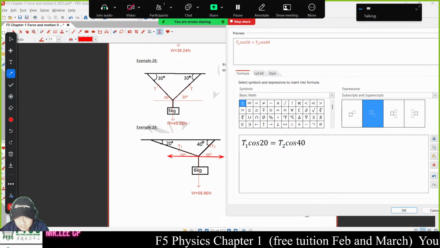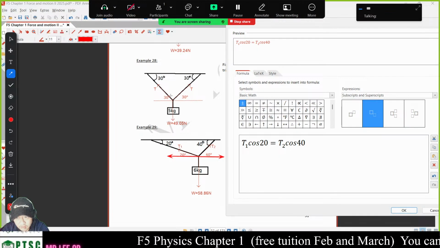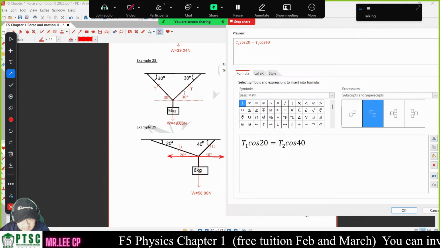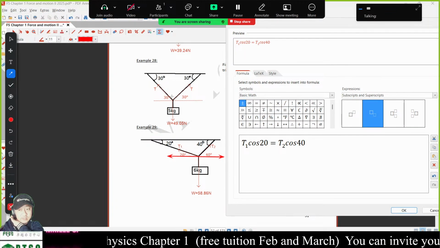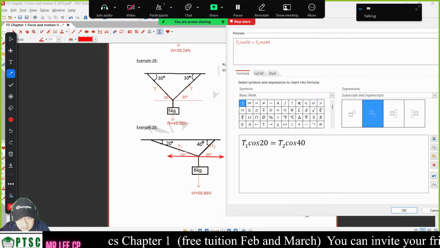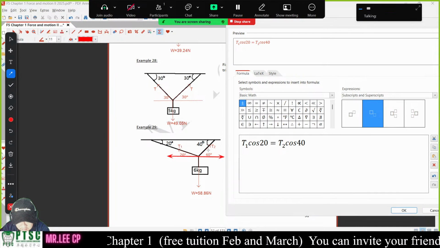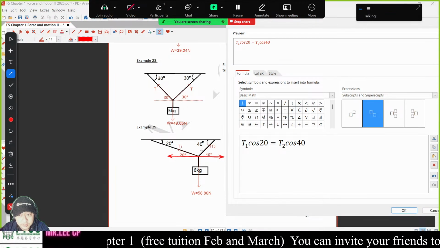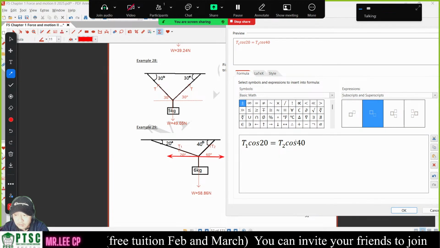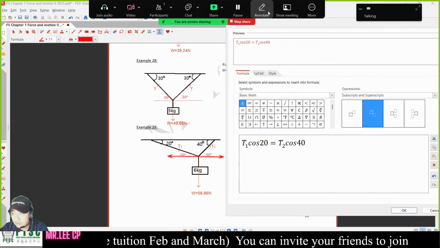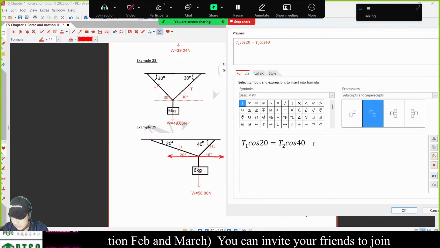This T1 and T2 are different. Only when the angles are the same will the tensions be the same. If the angles are different, the tensions will be different. Right? Now there are two unknowns. So I am going to leave T1 here.